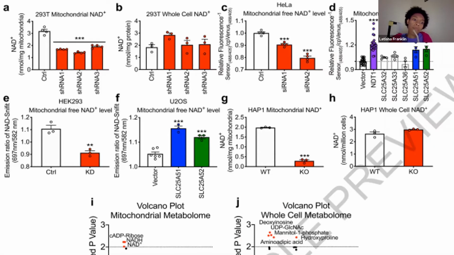Then they give you the wavelengths at which they were viewing them. Once again, they're looking at the free NAD in the mitochondria. The control is here, and the knockdown, I don't know what they've knocked down, so I need to figure that out. But whatever that is, it is significantly decreased.